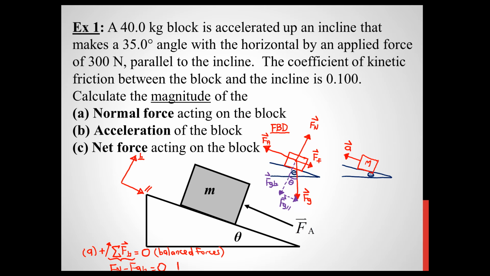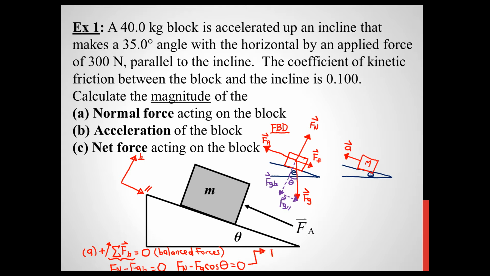If we expand the equation of motion, it'd be Fn subtract Fg perpendicular, which is Fg multiplied by, if we look at your components diagram, the perpendicular component is on the adjacent side, so we'll use the cosine ratio: cosine theta. And let's expand this a little bit upward.